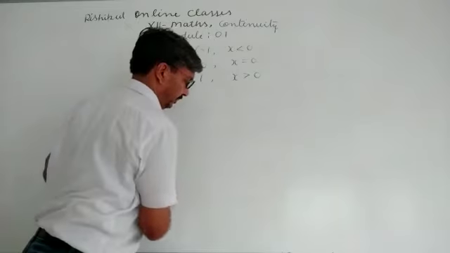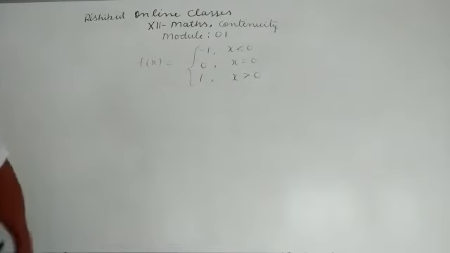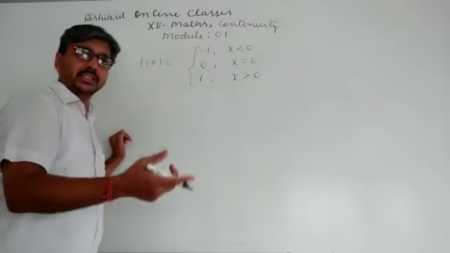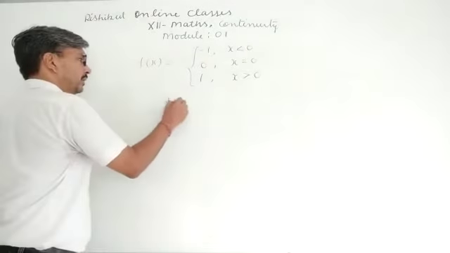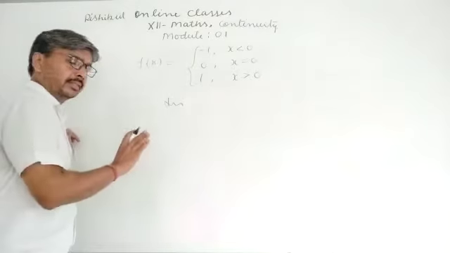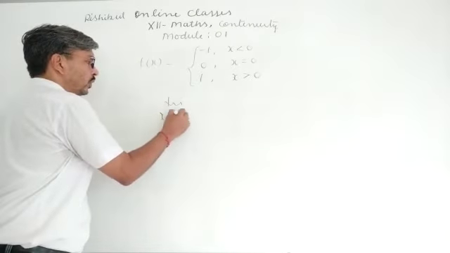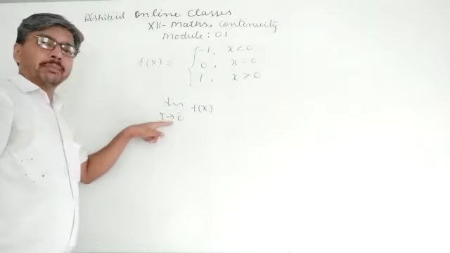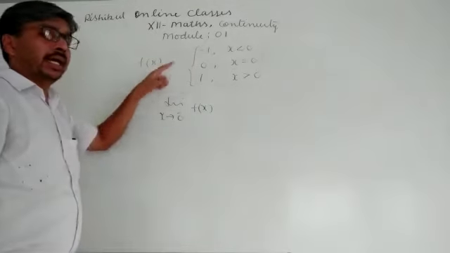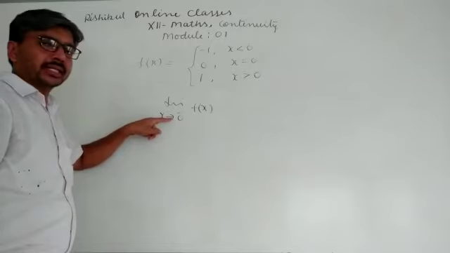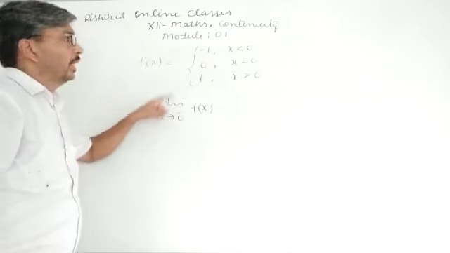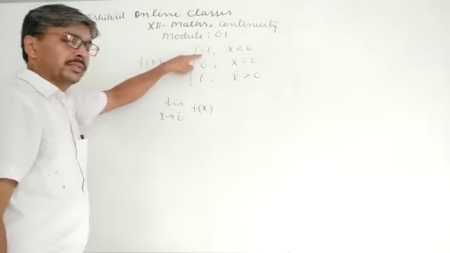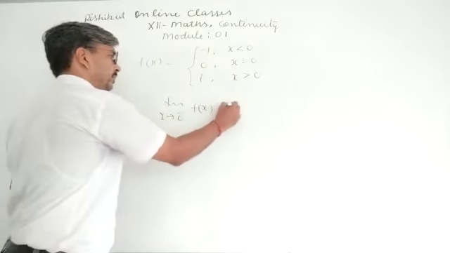Okay, and to check the given example by this method, see, for this example we will see whether the limit exists or not. The limit at x equal to 0 only, limit x tends to 0 of f(x). This is the left limit of this function, and left limit means when x is less than 0, the value of the function is minus 1, so this will become minus 1.